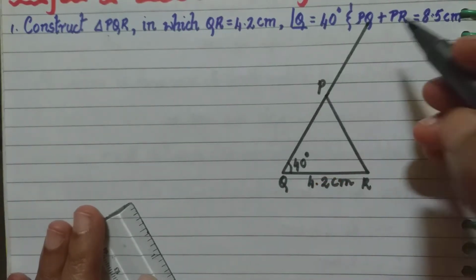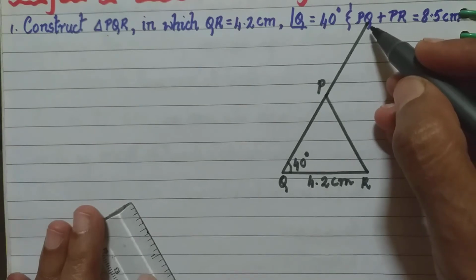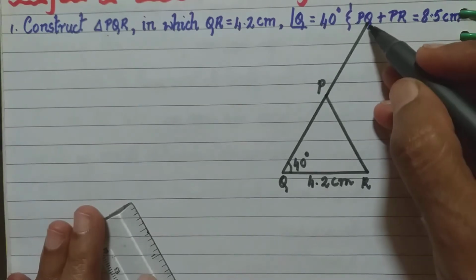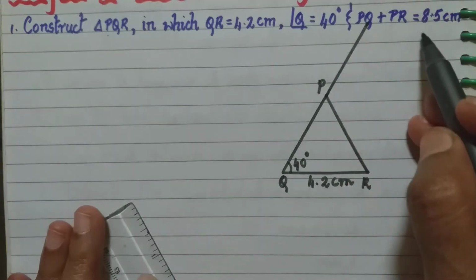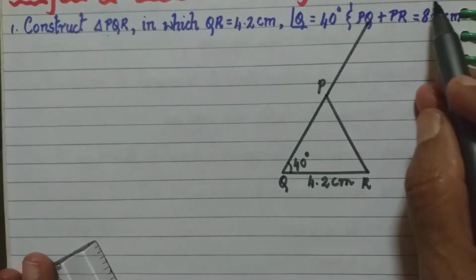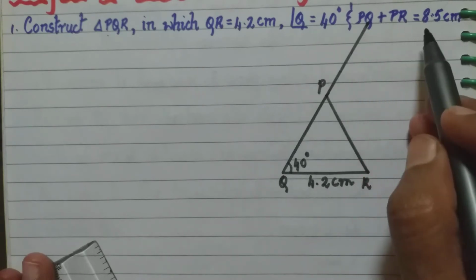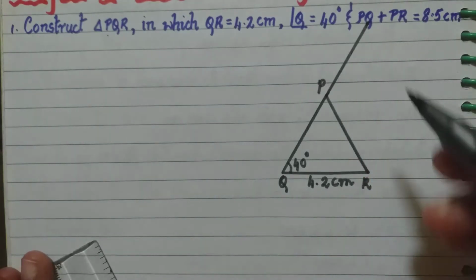So when we draw the perpendicular bisector of this side, because now this is extended to what point? That is equal to the sum of these two sides, PQ plus PR.